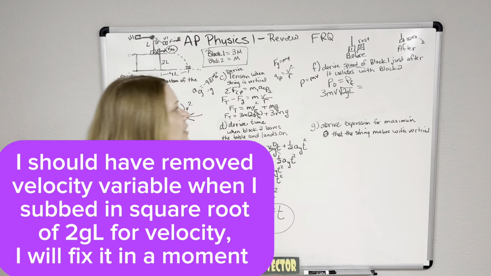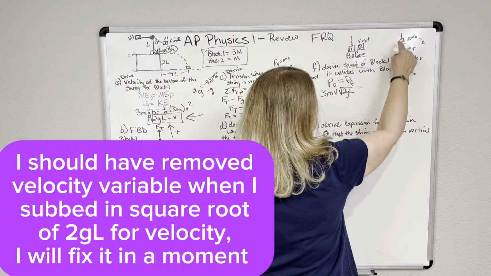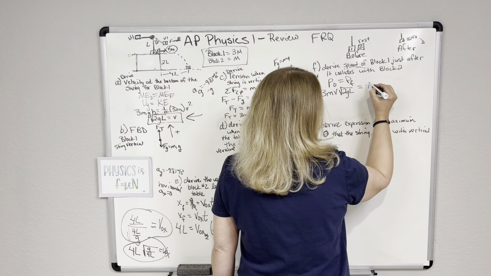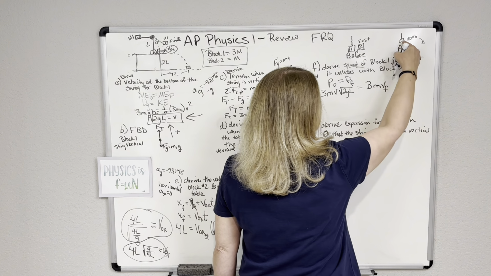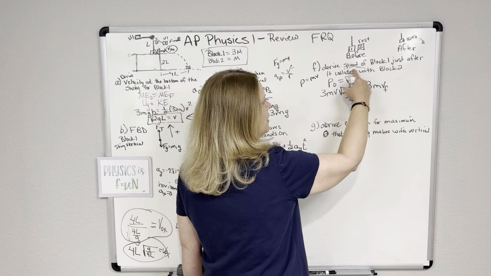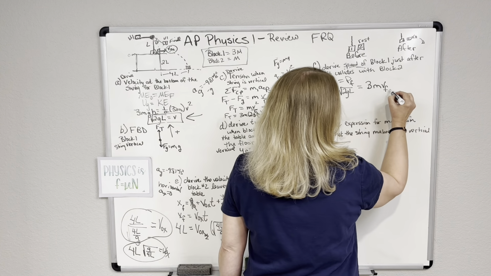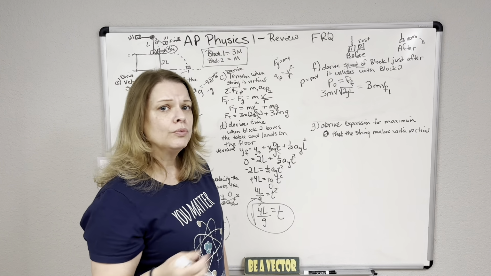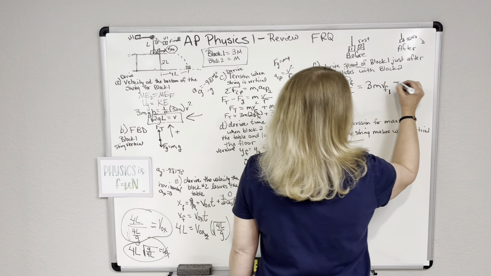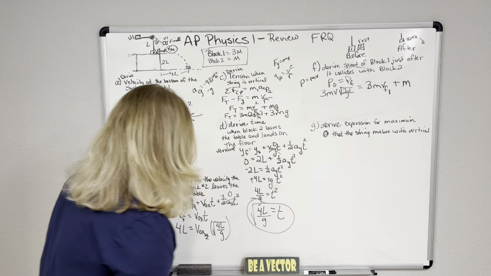Okay, now final. I've got two things moving after the collision. I have block 1 moving, so that's going to be 3m times whatever that final velocity is after collision, and that's what we want. What's the speed of that block after it collides? That's what we're looking for, this V final of block 1. After, we also have block 2 moving. Its mass is m, and look, let the problem guide you.